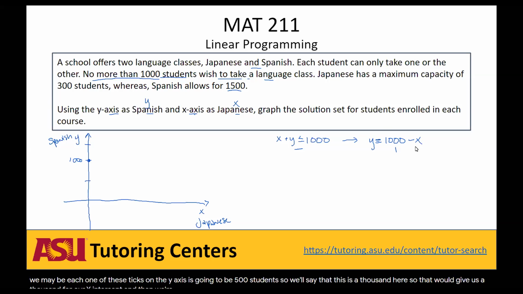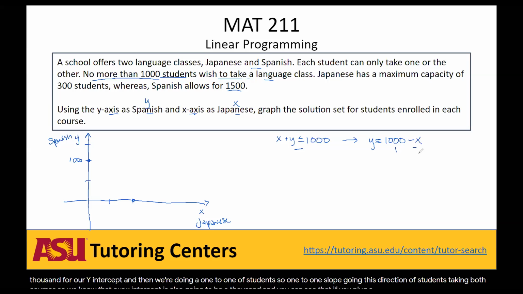And then we're doing a one-to-one of students. So a one-to-one slope going this direction of students taking both courses. So we know that our x-intercept is also going to be 1,000. And you can see that if you plug 1,000 in here, y equals 0.